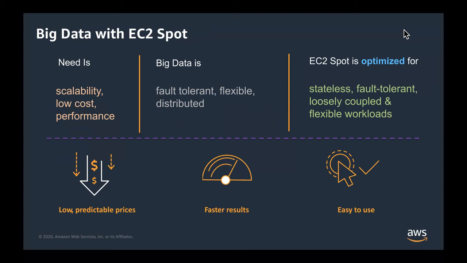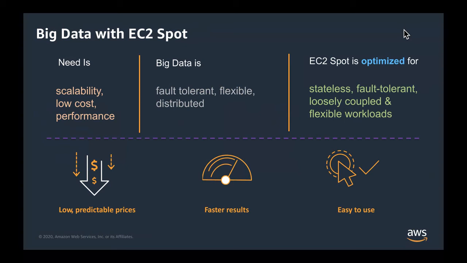You need to process it, and you need compute for that, and you need to be able to scale at a low cost and also provide high performance. All of those things could make big data expensive. Even when you come to the cloud, which has a lot of advantages in big data processing, you have some of these challenges. At the same time, big data has some unique characteristics.